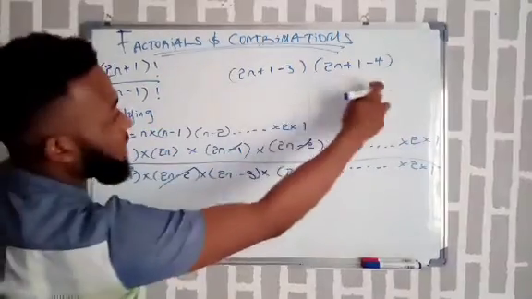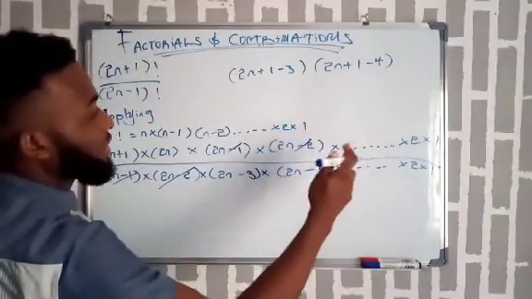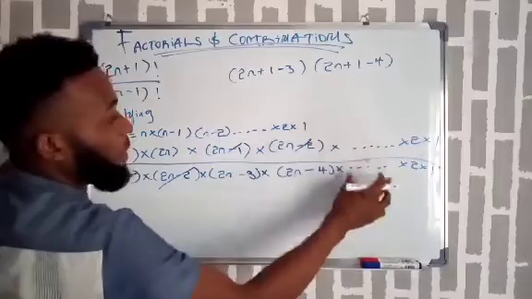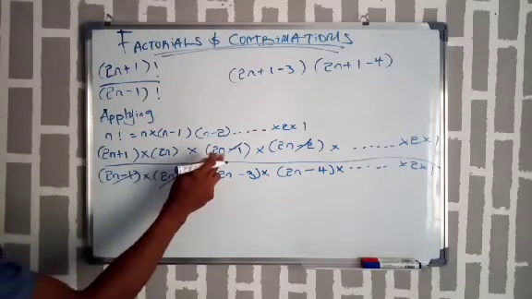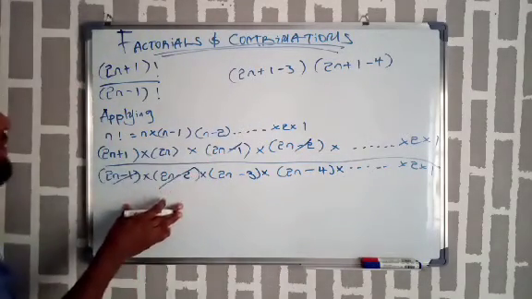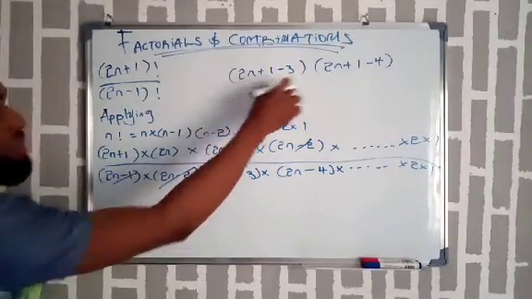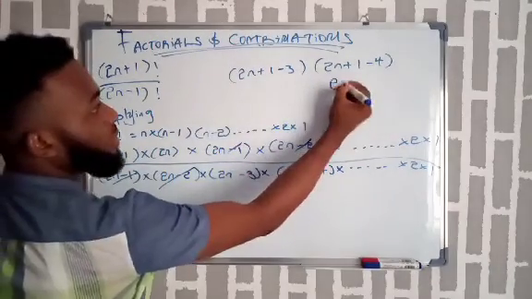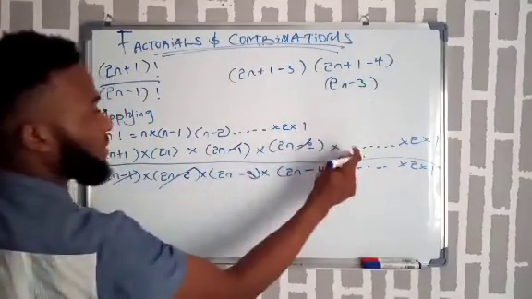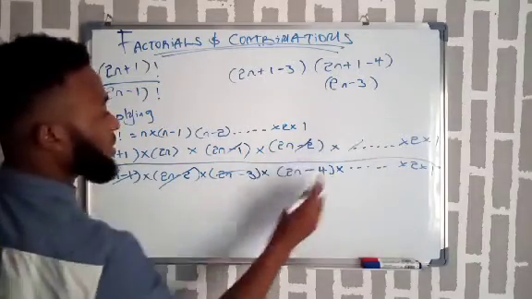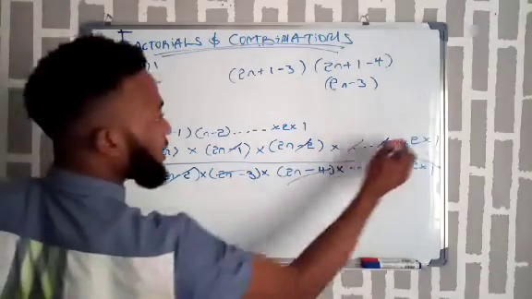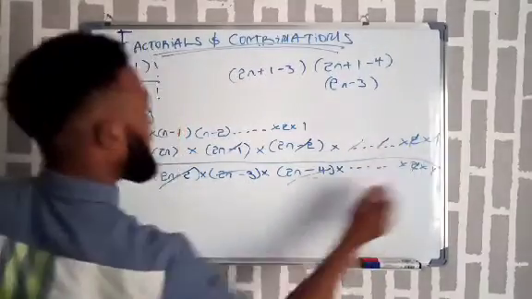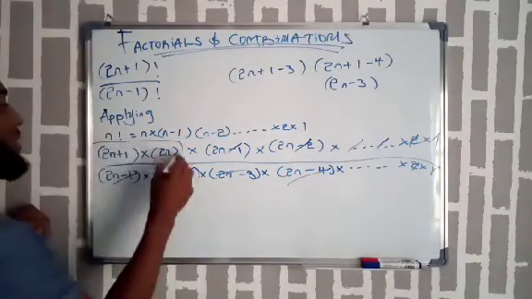So there's also something like this inside here, and even more inside here. You will notice that after this, the whole of this will begin to cancel the whole of this. If this was there, it would become 2n minus 3 here, which would still cancel this one here. All of these denominators that form will keep on cancelling until it gets to this point, and the only thing we would have left would be this.